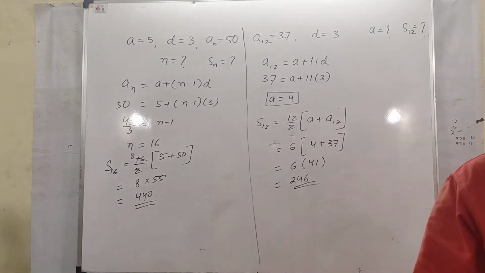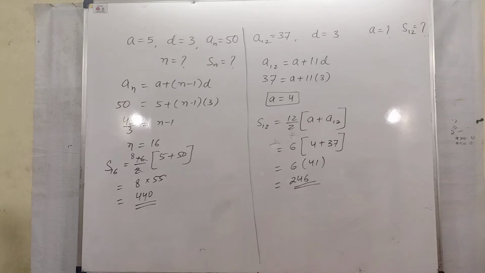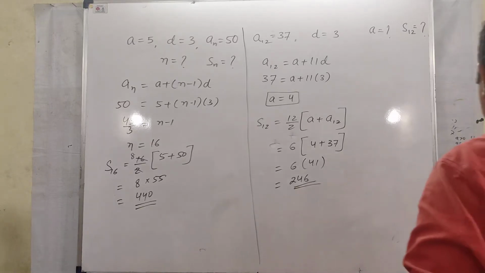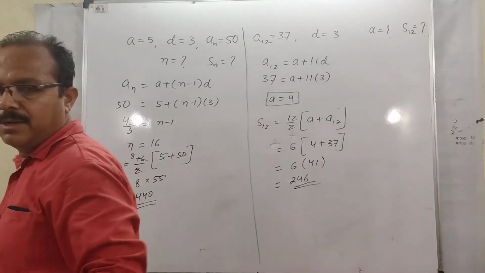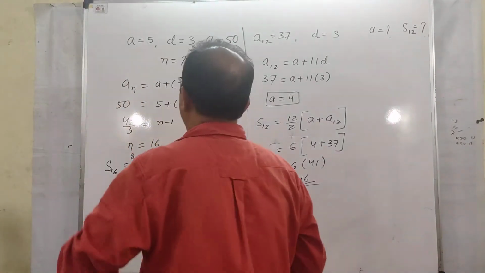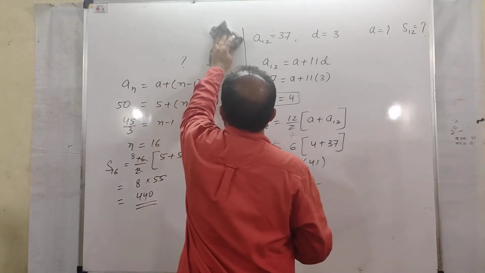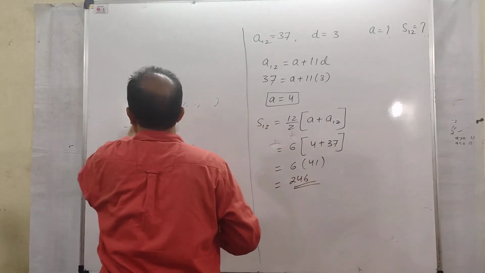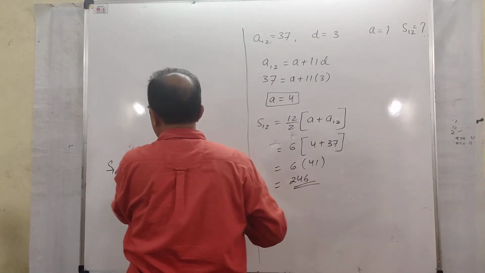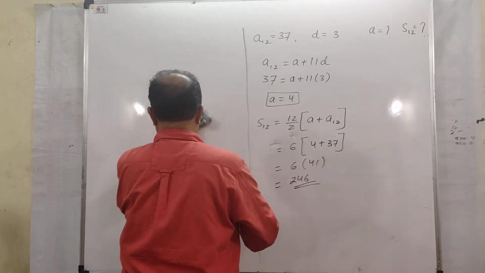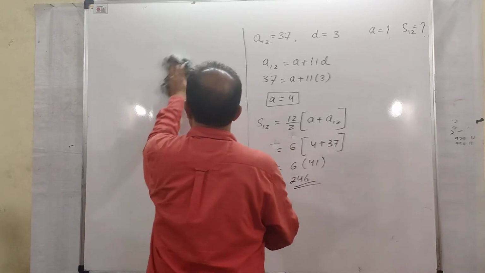So in this way, we will be getting the answers of these questions by finding out the unknowns with the help of the given data. This is question number 3 we are discussing, students. First part we had discussed, then we had discussed the third part.